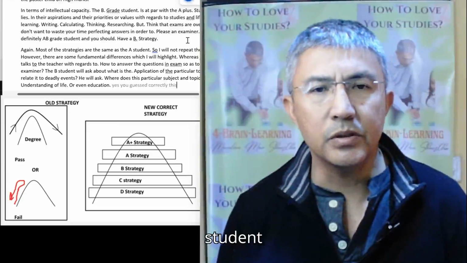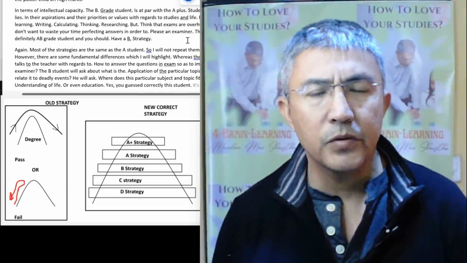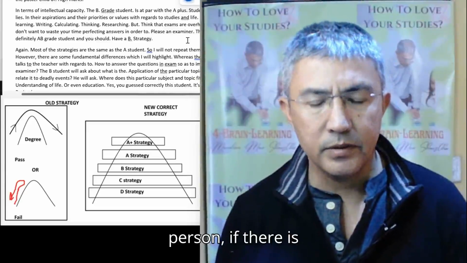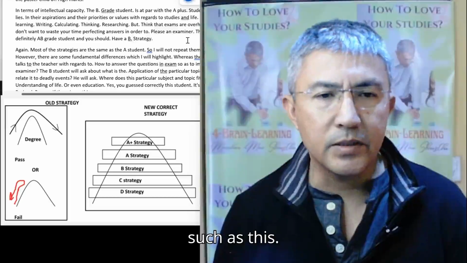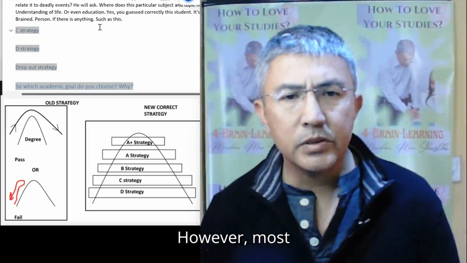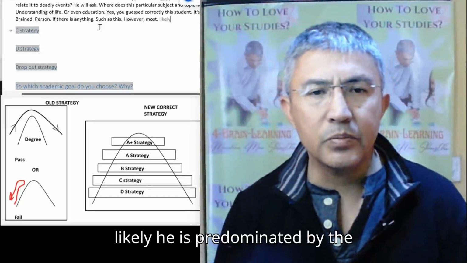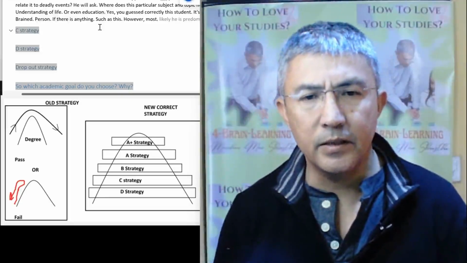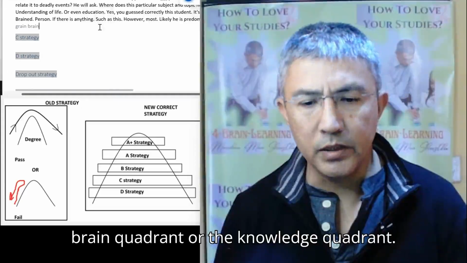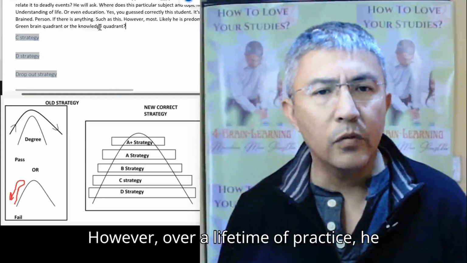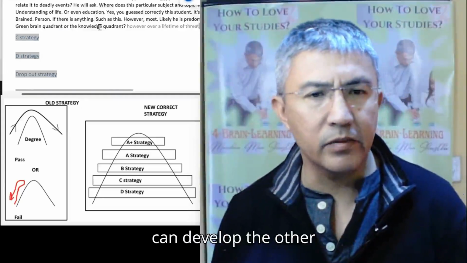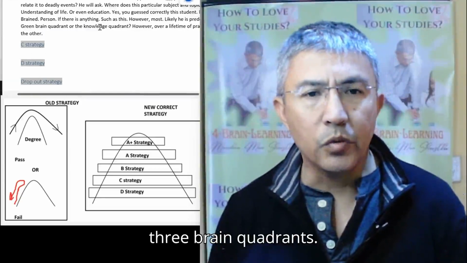Yes, you guessed correctly. This student is almost a four-brained person, if there is anything such as this. However, most likely he is predominated by the green brain quadrant or the knowledge quadrant. However, over a lifetime of practice, he can develop the other three brain quadrants.